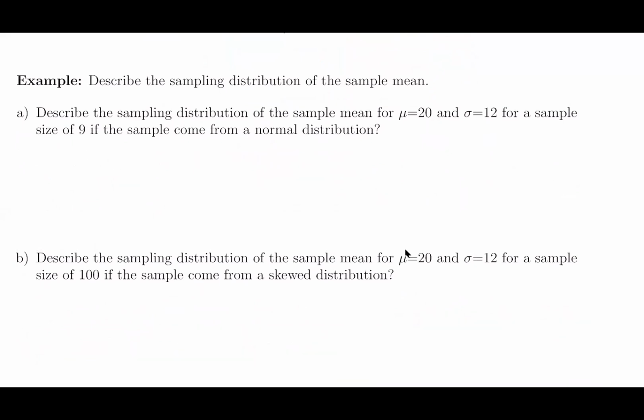So let me just put this right now. We want to find what mu of x bar is equal to, which is just equal to mu. We want to find what sigma of x bar is equal to, which is just equal to sigma divided by square root of n. And we also want to say, is the distribution normal? Is the distribution going to be not normal?